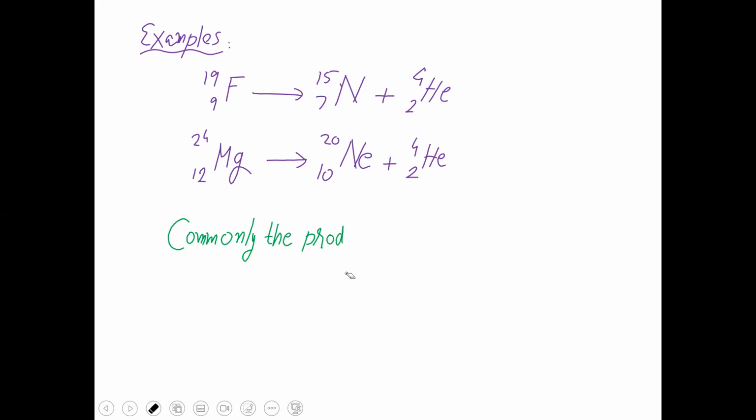So write under it that commonly the products are isotopes, which may be stable or unstable.